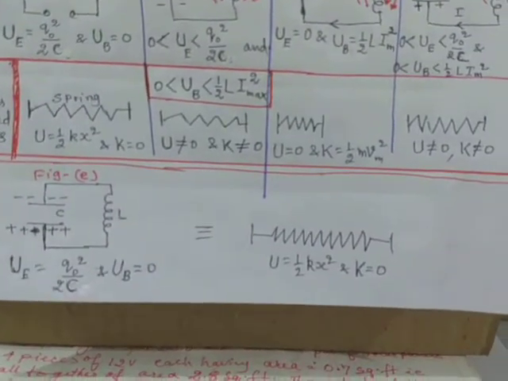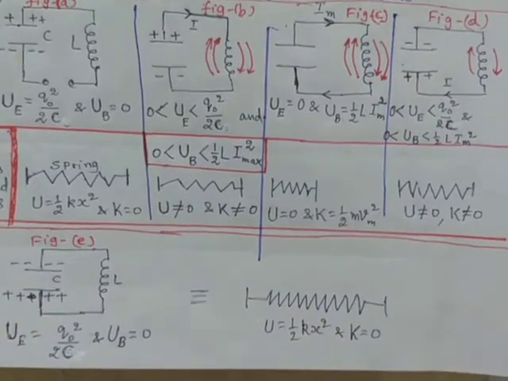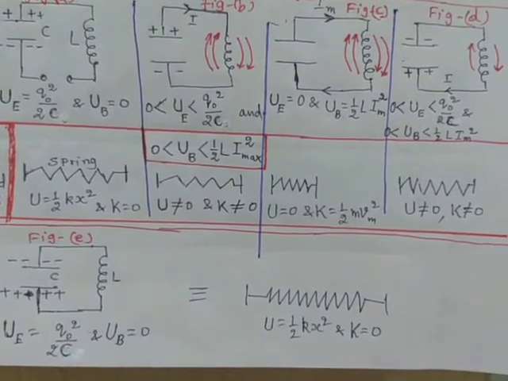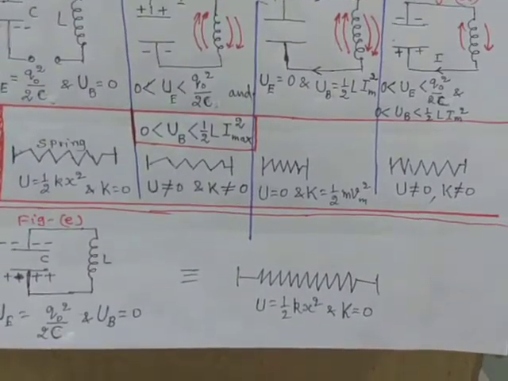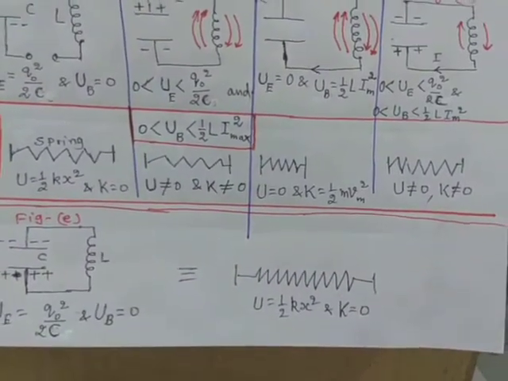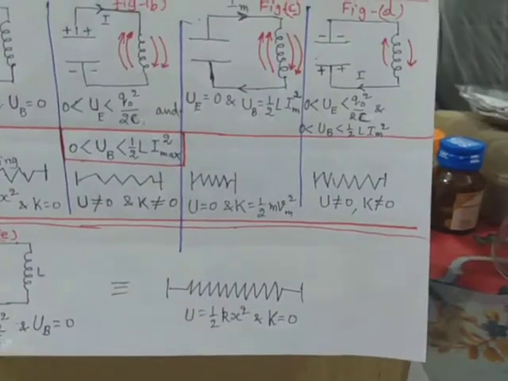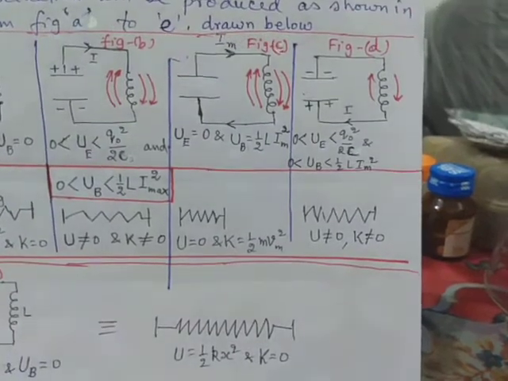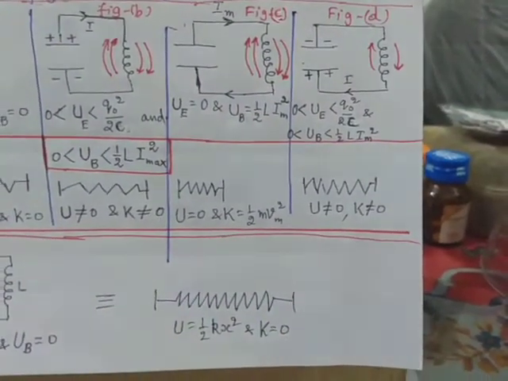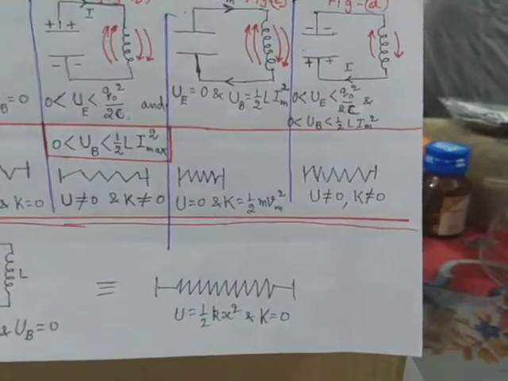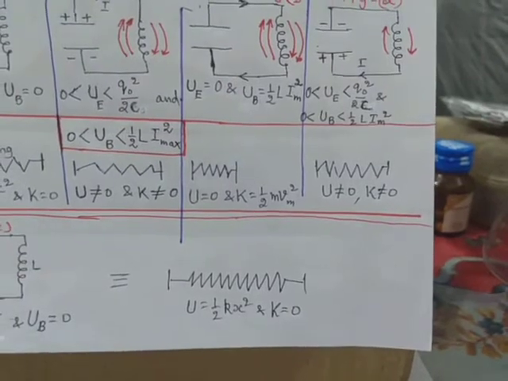Now in the second case, with similarity to figure B, the spring is halfway stretched, so neither potential energy is 0 nor kinetic energy is 0. Now finally, with similarity to figure C, the spring is no longer stretched, so potential energy becomes 0, but the kinetic energy is maximum.